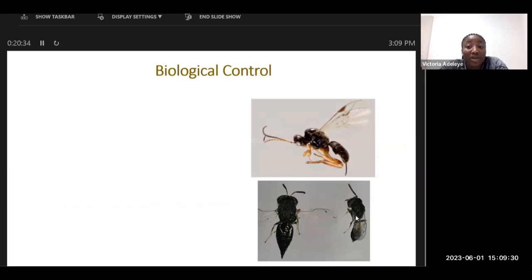So also we have biological control, which is an alternative strategy that we are trying to incorporate into IPM programs. However, little is known about the natural enemies of pepper weevil, but in Mexico, two parasitoids have been observed attacking pepper weevil, which are Triaspis and Catolaccus.